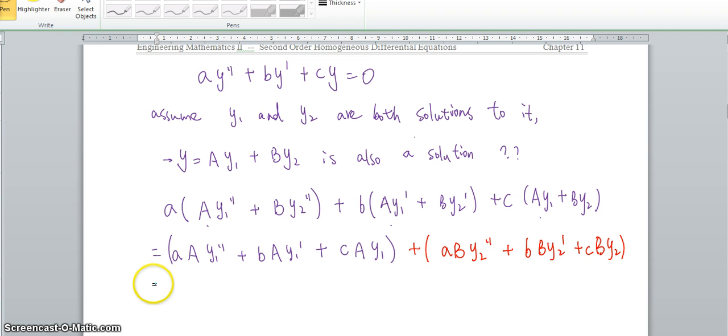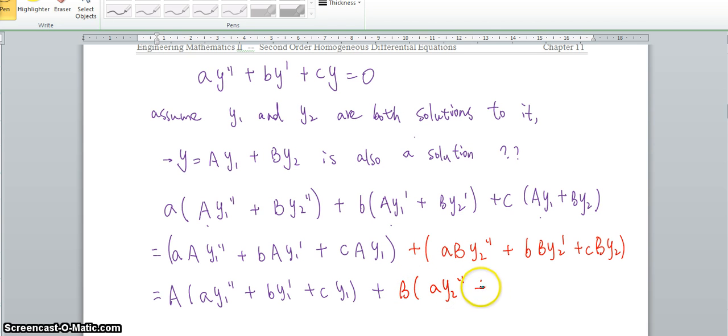What am I going to do next? Well, now I can take out capital A and capital B. So here I have A times (y1 double prime plus b y1 prime plus c y1) plus B times (y2 double prime plus b y2 prime plus c y2).